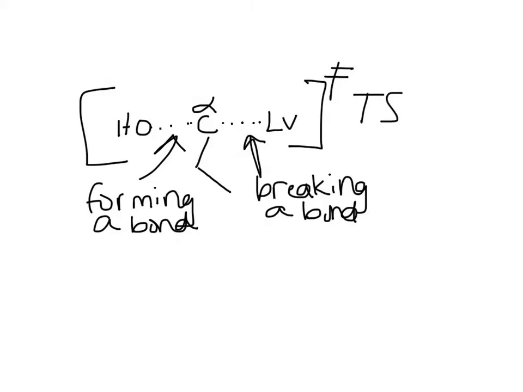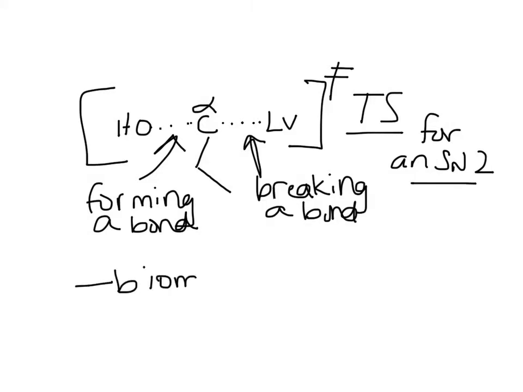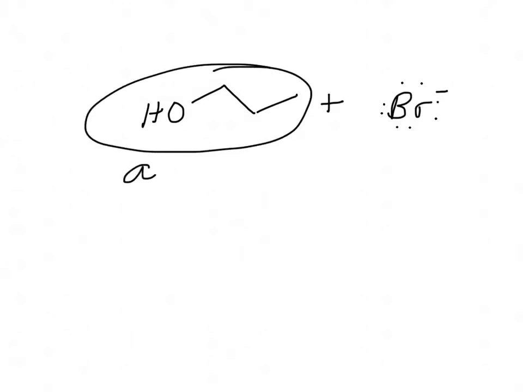This is the transition state for an SN2 reaction. It's bimolecular. The final product would be this. We made an alcohol.